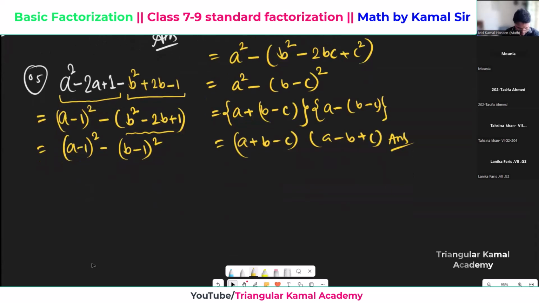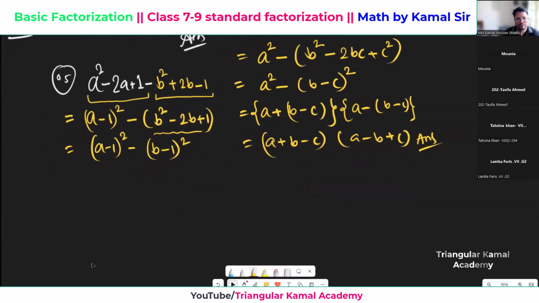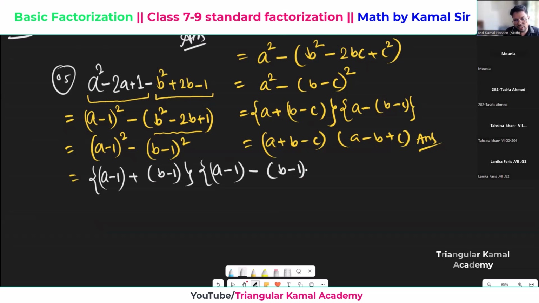So if we apply the a square minus b square formula here, this is a plus b, where a minus 1 is considered as a and b minus 1 is considered as b. So now a plus b is the first factor, and the second factor is a minus b.